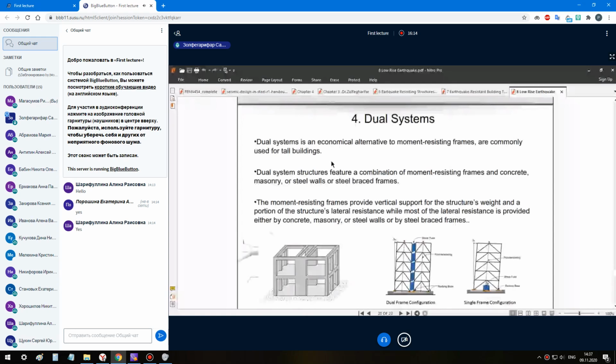As you can see, this is a comparison between the dual frame configuration and single frame configuration.